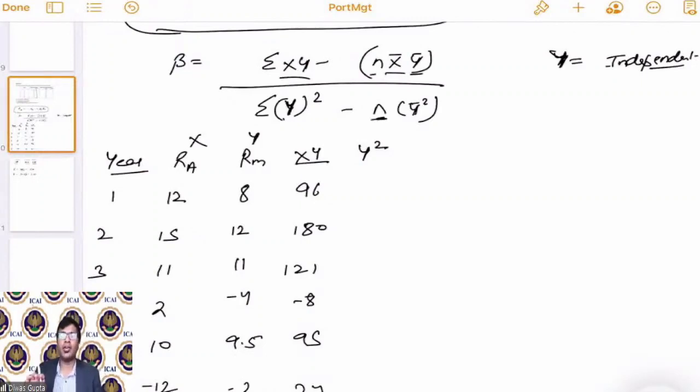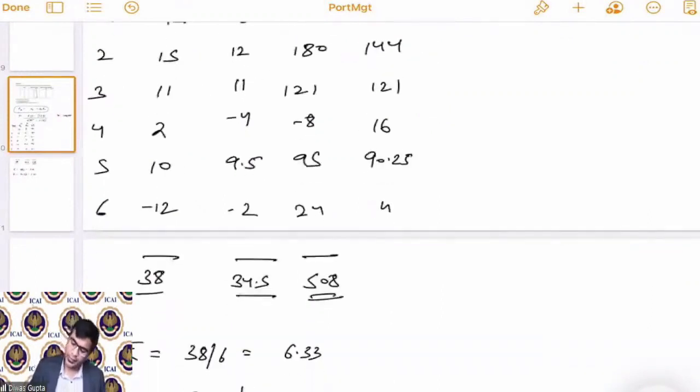So this thing always remember, because if you're taking averages, then there is no need to take a sum. We just multiply it with n, which is the number of observations. Okay, so 8 8 is 64, then 144, 121, 4 4 16, 90.25, and the last one is 144. So the total comes as 439.25.